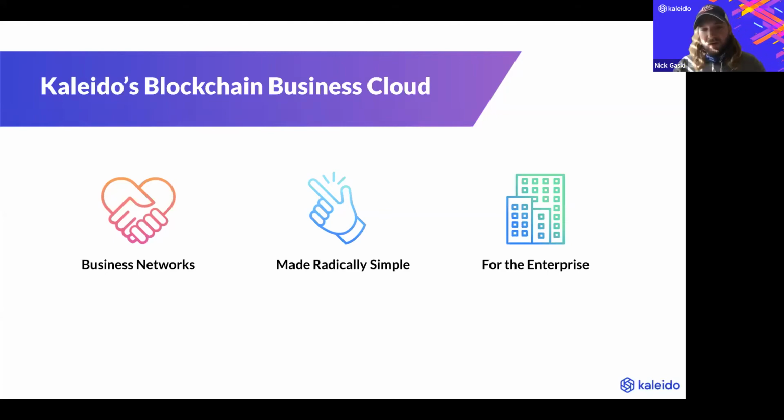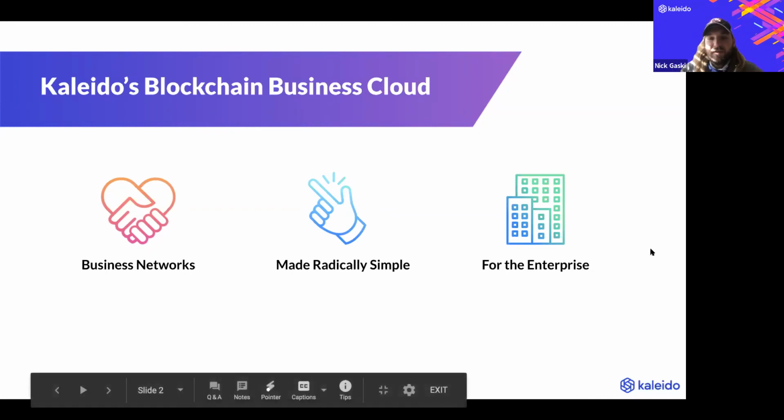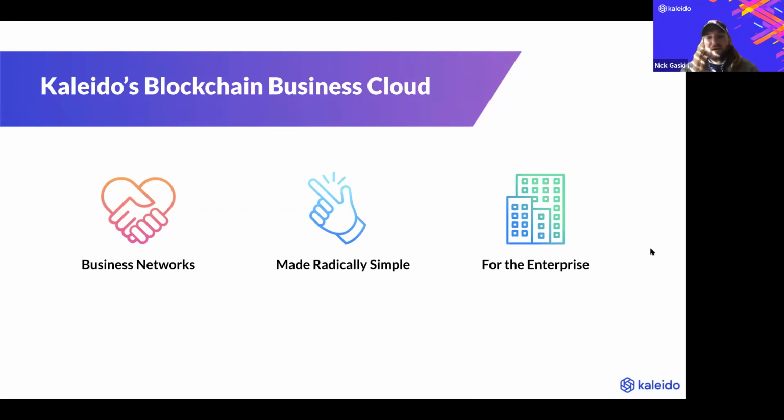We've taken a ton of effort to make the platform itself radically simple, not only through the user experience and documentation, but more interestingly through the API layer, whether you're using infrastructure as code and standing up services and runtime components on the platform, or whether you're actually coding and programming against it, speaking to a smart contract, speaking to a service, consuming events. And then a core tenet, we'll touch on this in a good bit of detail towards the end of these slides, is that it's very, very much scoped for the enterprise.